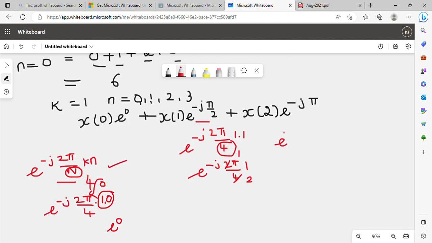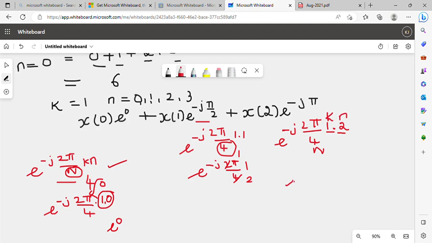I will not write that again. So here it is e to the power of minus j 2 pi by 4. My capital N is 4, that is the number of samples is 4, and here it is 1 into 2. 1 is my k value, which is constant, and this is my n value, right?